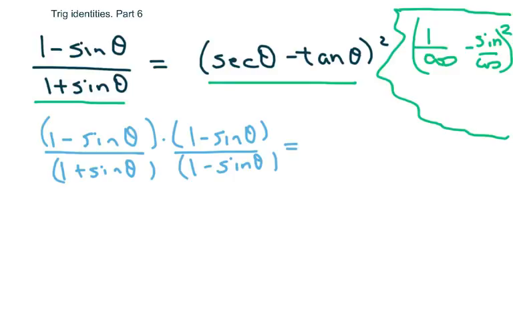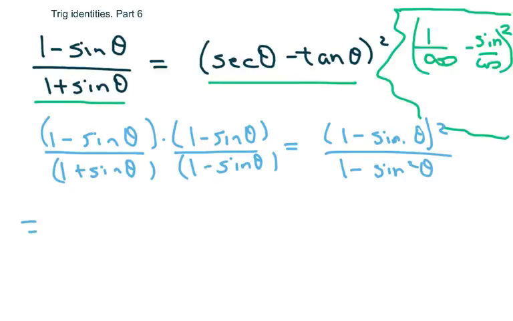So the numerator is going to be 1 minus sine squared theta. No, not the square. It's just going to be 1 minus sine, and then the whole thing is going to be squared. And you should be used to seeing this. This is 1 minus sine squared theta.